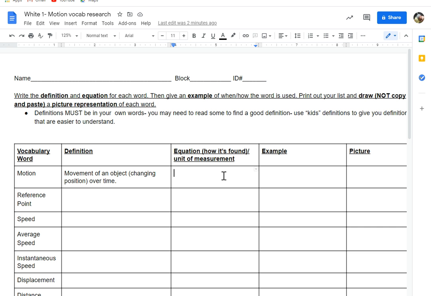So this is really describing displacement, distance, velocity, acceleration, time, and speed.